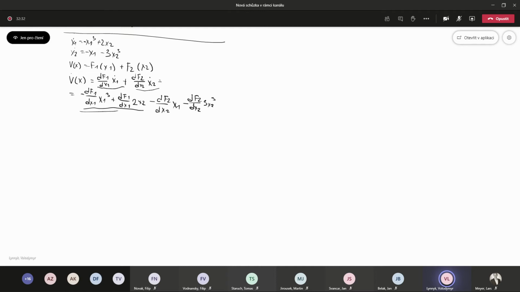Okay, this is minus. And now we need to eliminate these two terms. This one depends only on x1, this part depends only on x2, but this one depends on x2 and this is for x1 and so on.